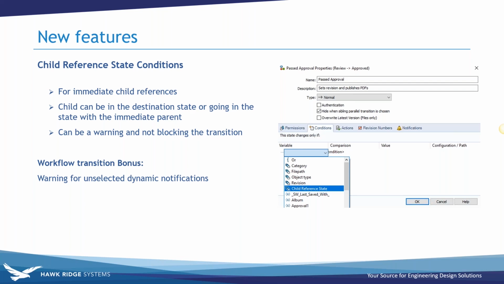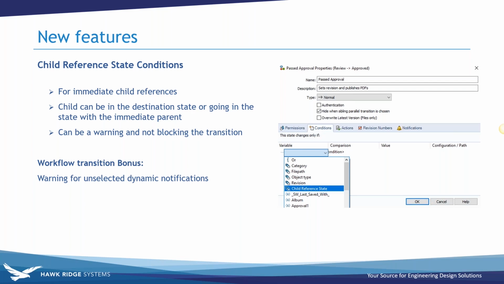It will now allow you to make sure that the immediate children of, let's say, an assembly are in the right state before approving that assembly, or while approving it. So it really prevents releasing, let's say, an assembly when all components are not ready for it. And just to recap, it's for immediate child references.